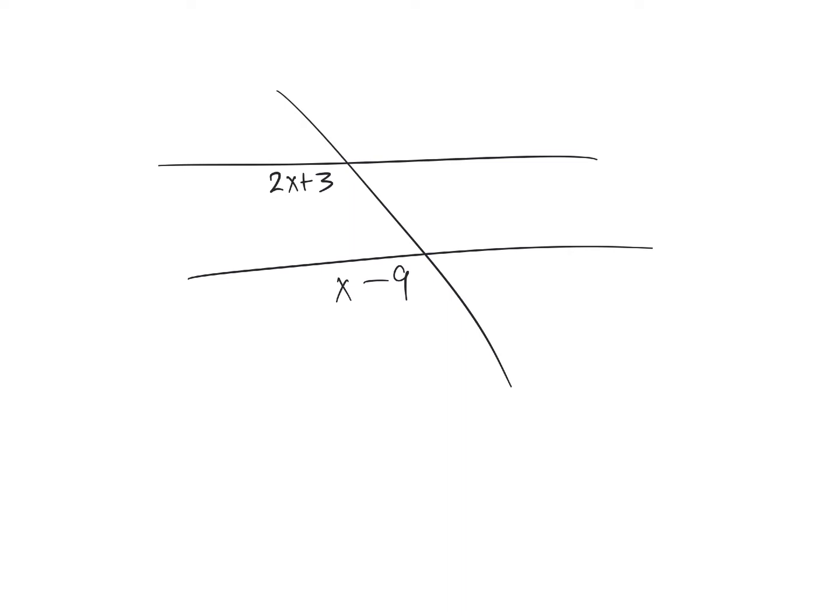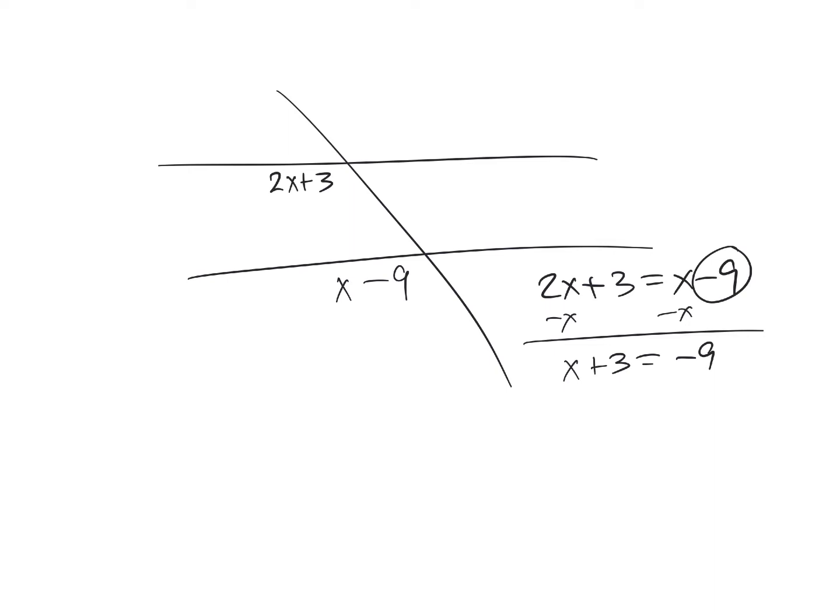So you would set them equal to each other. 2x plus 3 equals x minus 9. Who did that? Awesome. So we subtract x. We get x plus 3 equals negative 9. Please do not drop the subtraction symbol, which I still have students doing. It just becomes negative 9. And then subtract 3, x equals negative 12. That's what x would have to be for these two lines to be parallel.